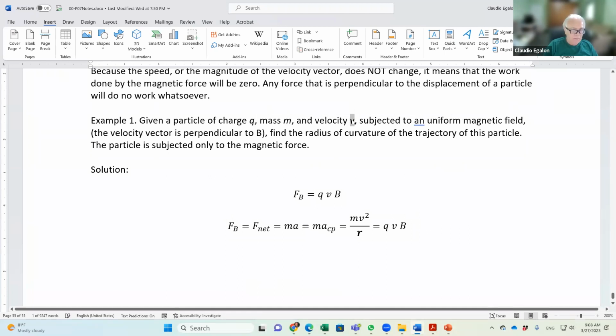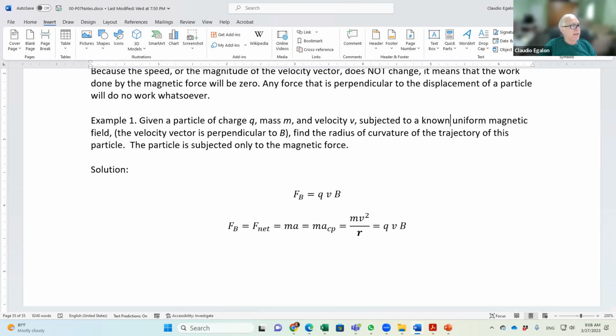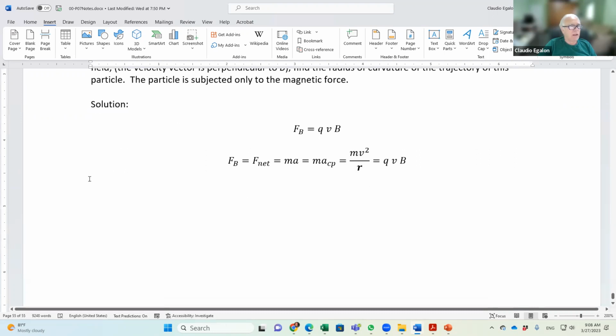Whether it's an electron or a proton, subject to a non-uniform magnetic field, find the radius of curvature of the trajectory of this particle. The particle is subjected only to the magnetic force.